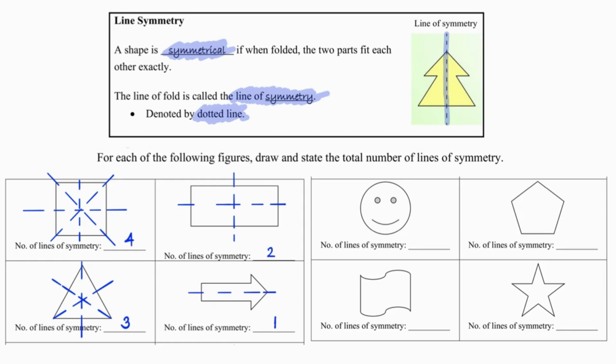The other one with a smiley face. Because of the smiling face, we actually are able to get one line of symmetry.